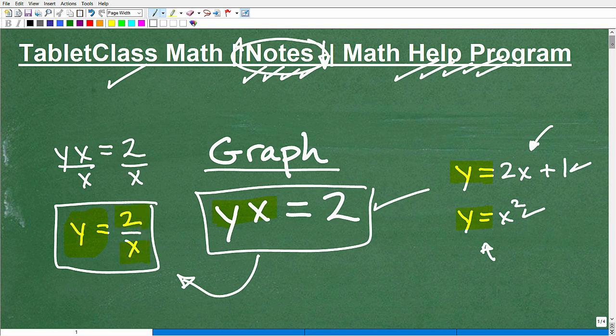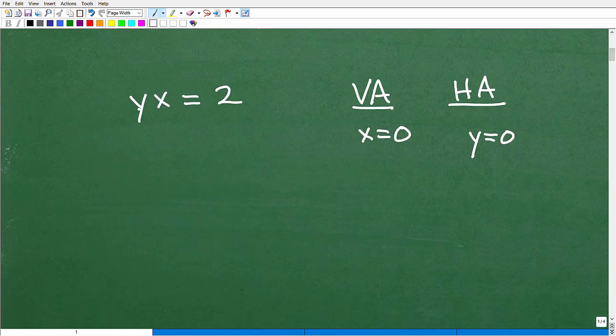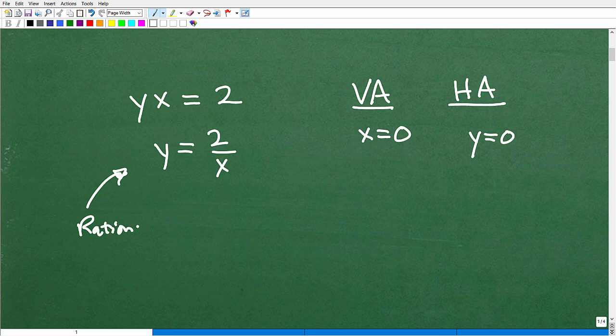So what kind of graph is this? What kind of function are we talking about? Here we have yx is equal to 2, so we're really going to be looking to graph y equals 2 over x. Well, this is what we call a rational expression, but actually it's a rational equation because it's an equation.